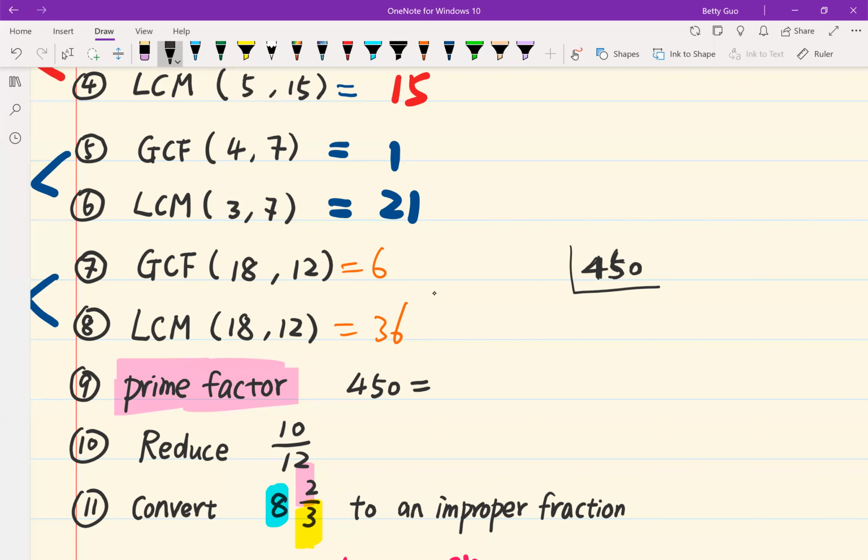What is it? What's the factorization? 450 equals what times what times? Good. So if the last digit of the number is 5 or 0, it's divisible by 5. 225 is not divisible by 2, it's not even, but divide by 5.